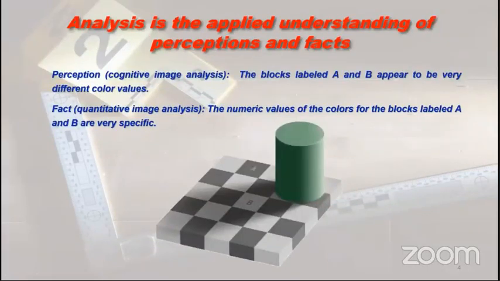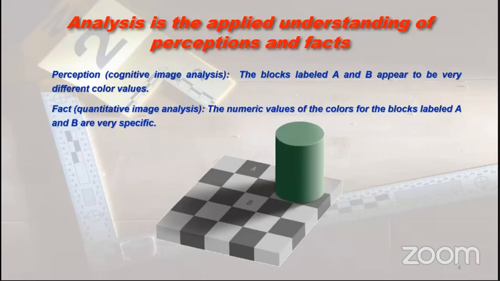So when we get into understanding a little bit better about what is the difference between cognitive image analysis and quantitative image analysis, I want you to look at the blocks in this illustration that are labeled A and B. These two blocks appear to be very different color values.